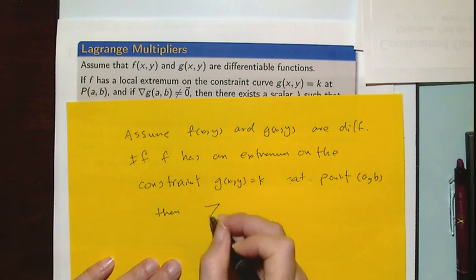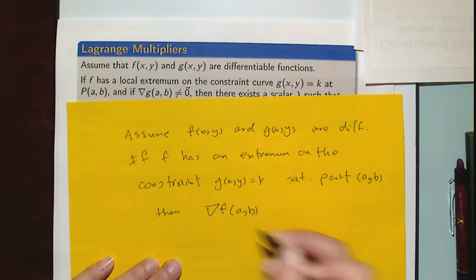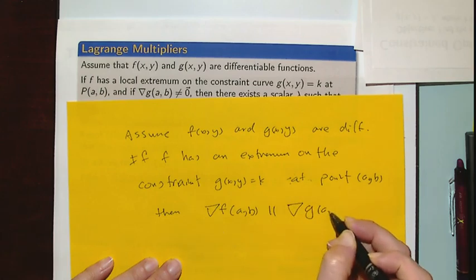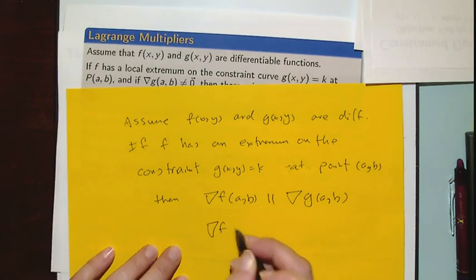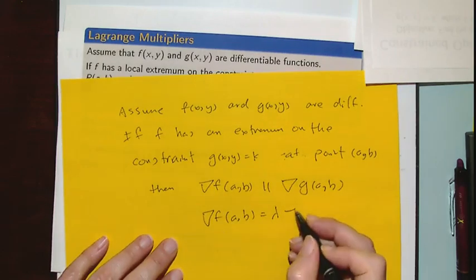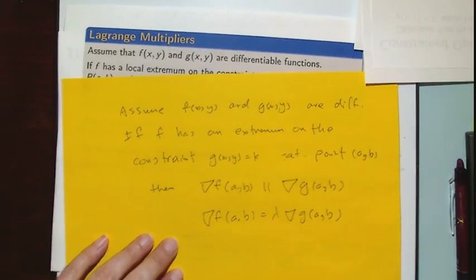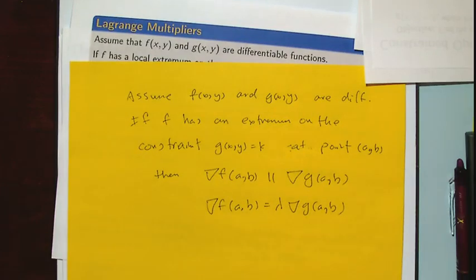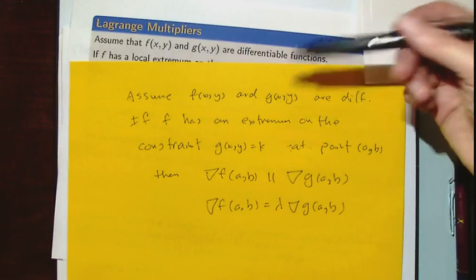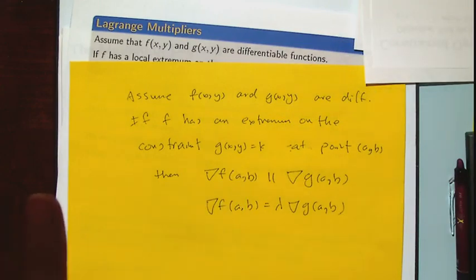So then the gradient of f at A and B is parallel to the gradient of g at A and B. That is, the gradient of f at A and B, which is a vector, is going to be a constant multiple of the other one. That's the story. So the gradient of f is orthogonal to the level curve of f. The constraint is a level curve of g. The gradient of g is orthogonal to that, so the two of them are parallel. That's all it is to it.